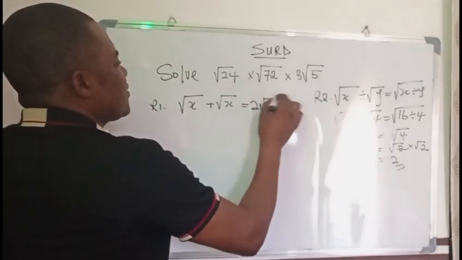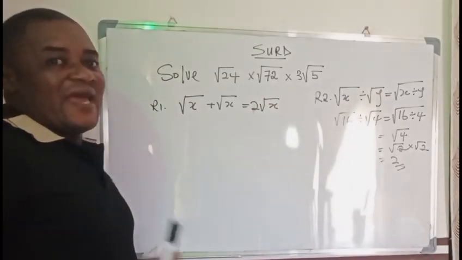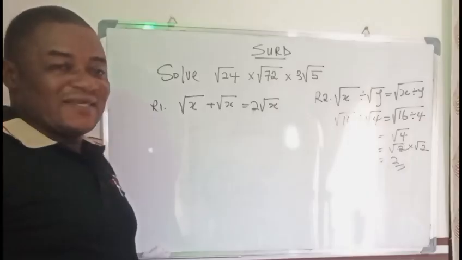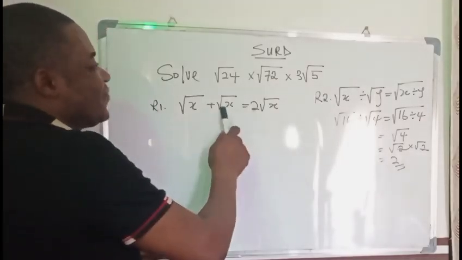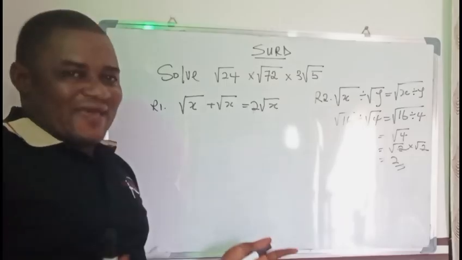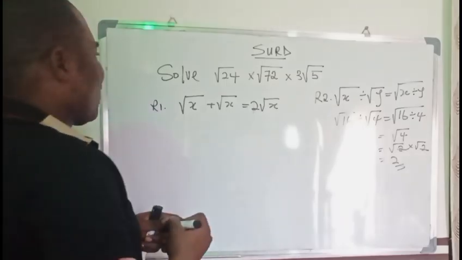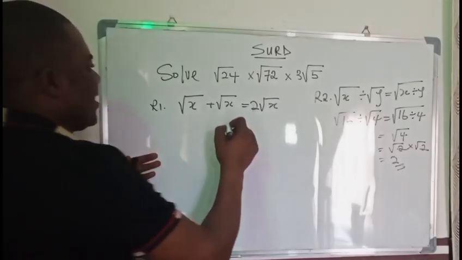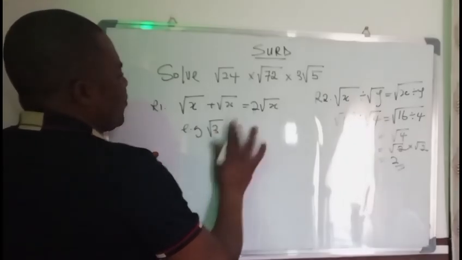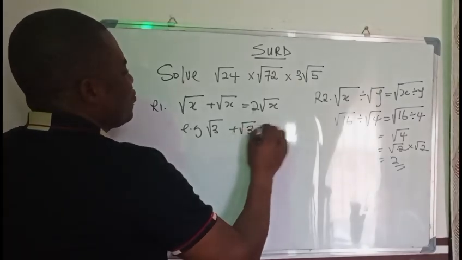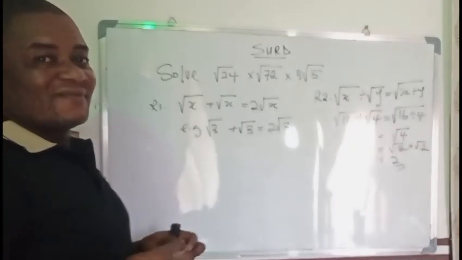Therefore, it is 2√x. Just like x plus x is 2x, the same thing when you have √x plus √x, it should give you 2√x. That simply means that if you had √3 plus √3, you should have 2√3. That's what it means.